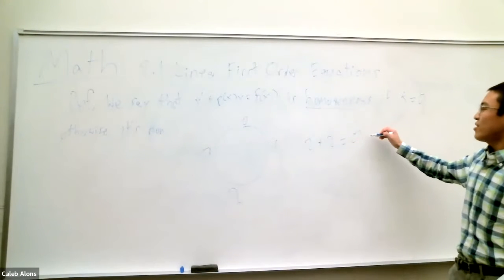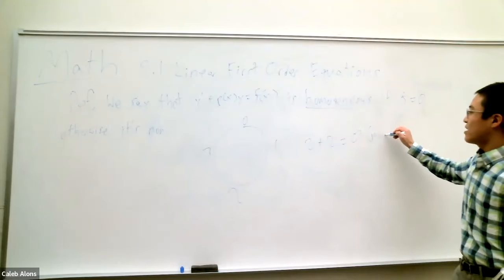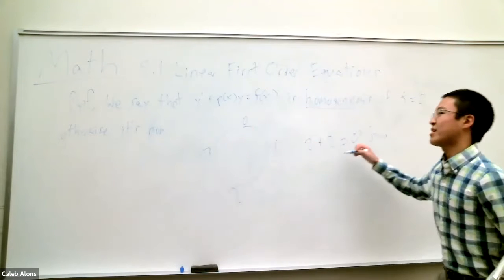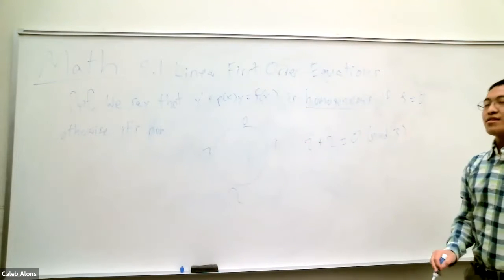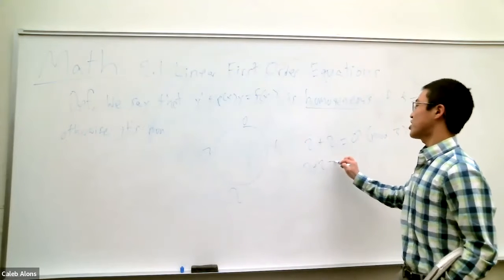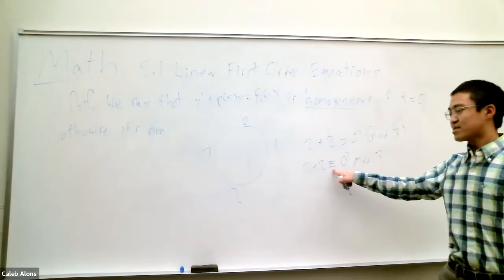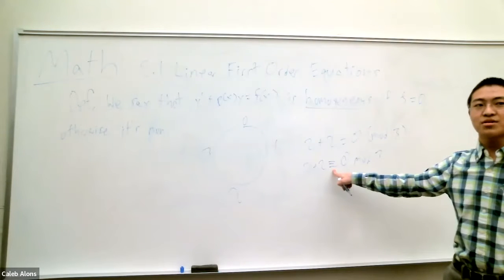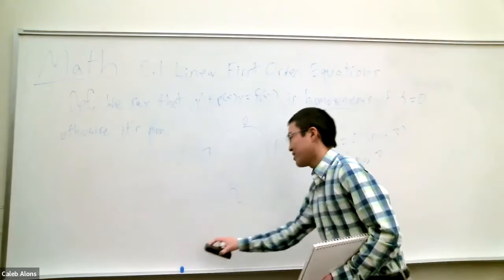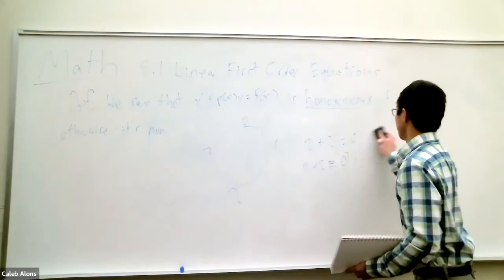What we mean is 0 mod 3. So 2 plus 2 is congruent to 0 mod 3. It's not an equal sign, but it implies congruency. To save time, you don't need to know this for the class.